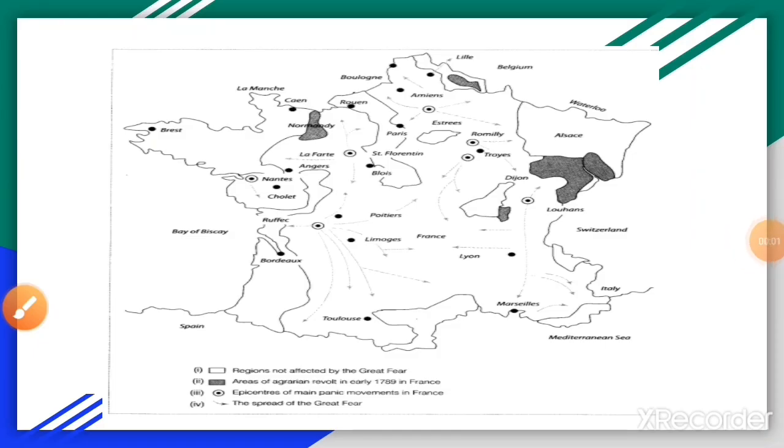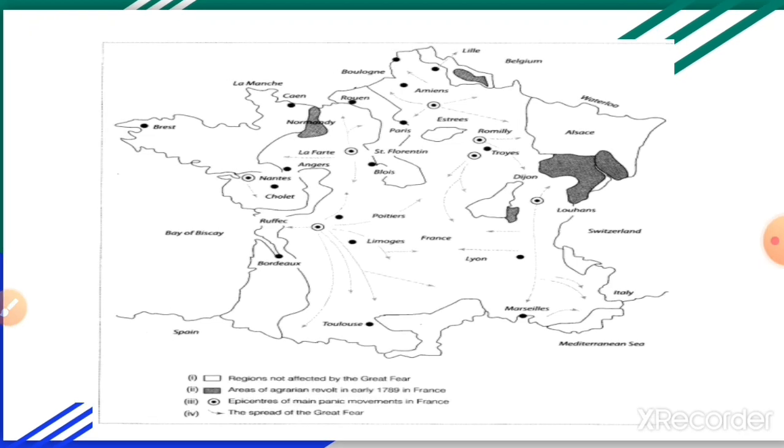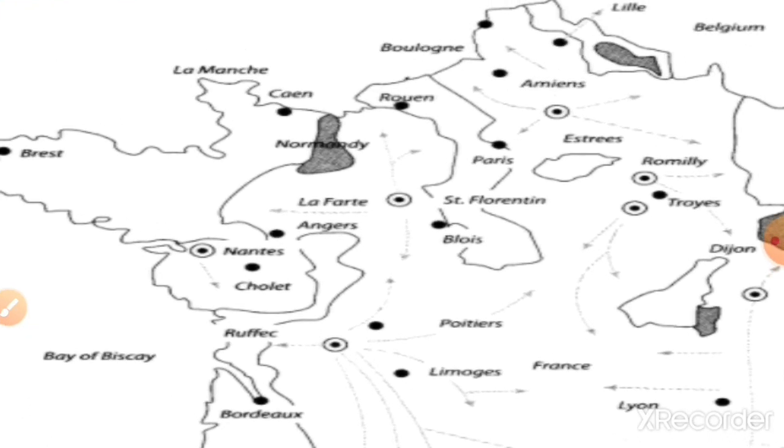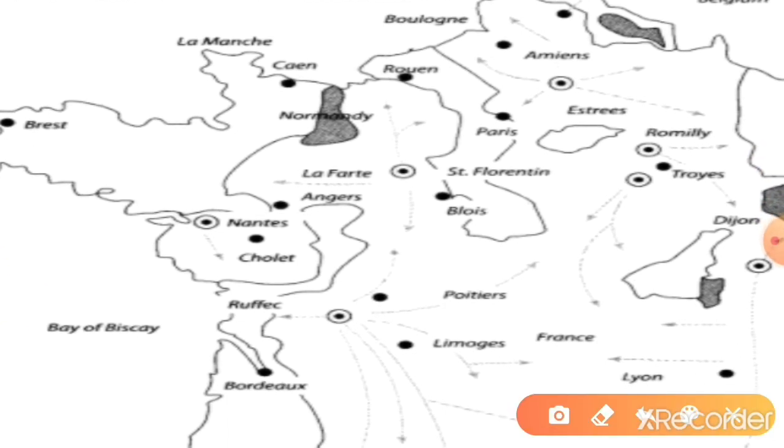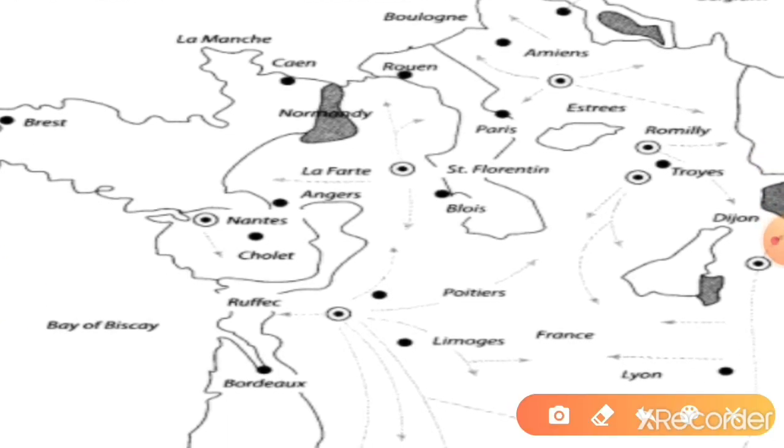Now let's move on to question number B. La Forte, epicenter of the main panic movement. First, let me see where this region is. Yes, I'll zoom a bit. I got it. I'll take my brush. Now I'll draw an arrow.